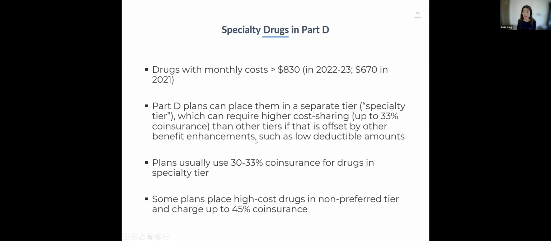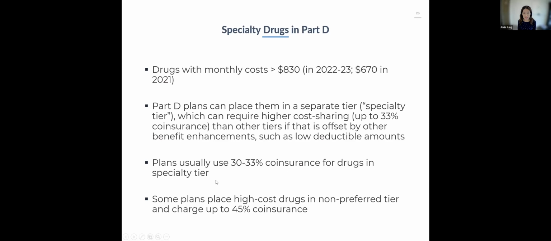In other words, by reducing your deductible amount, you can charge a higher cost sharing for the specialty tier. So usually plans use, I think, 25%. It's pretty early data. I was looking at Stephanie's slide early in the morning, and it was probably between 25% to 33% co-insurance for drugs in the specialty tier.